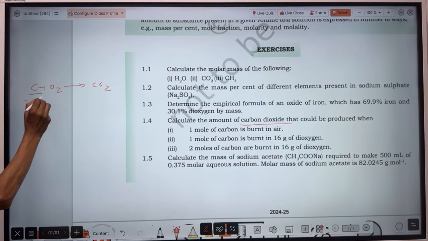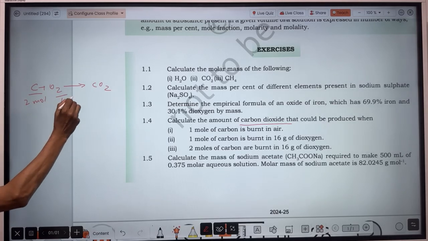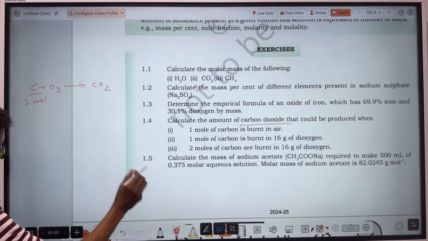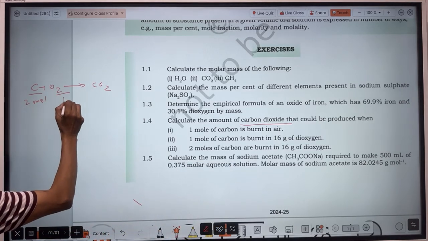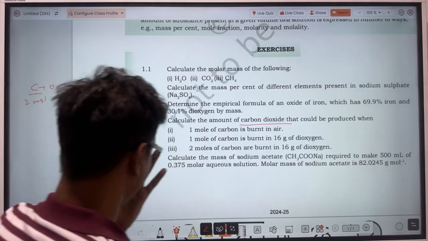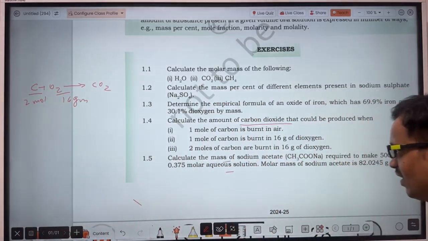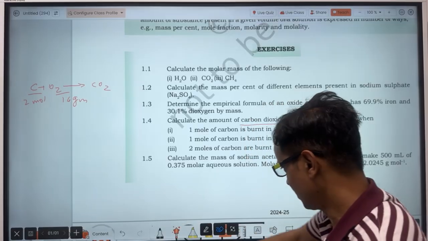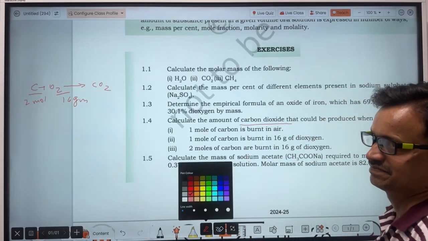Here the number of moles of carbon available is 2 mole and oxygen available is 16 gram. So the amount of carbon has been given in terms of the number of moles, while the amount of O2 has been given in terms of its weight.